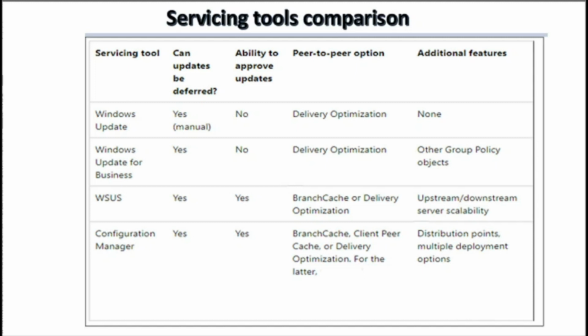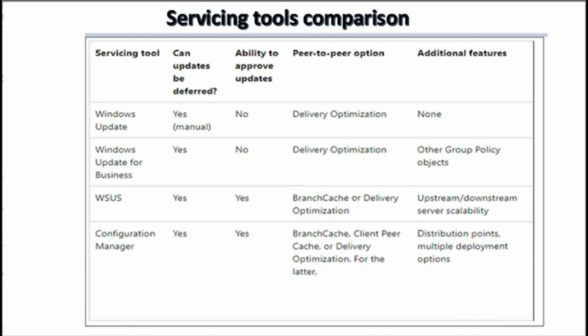Once the role is installed on the server, we will get a console, and from there we can see all the updates released by Microsoft, and we can select and approve the updates as per our requirement. This provides the control of deploying pre-approved and tested updates in the production environment.